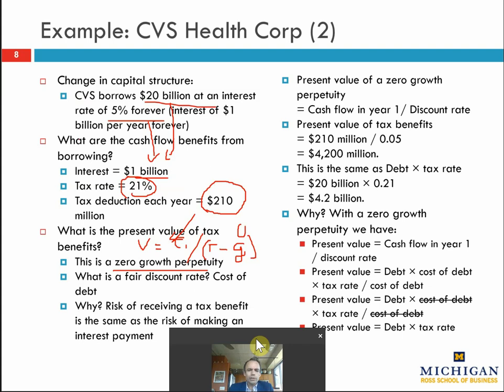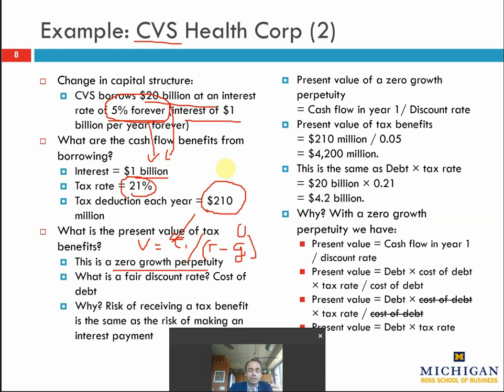The lenders have already worked out what is a fair discount rate associated with that risk. The lenders have worked out that based upon the risk associated with CVS in our example, a discount rate of 5% is fair for the interest payments the lenders are going to receive.